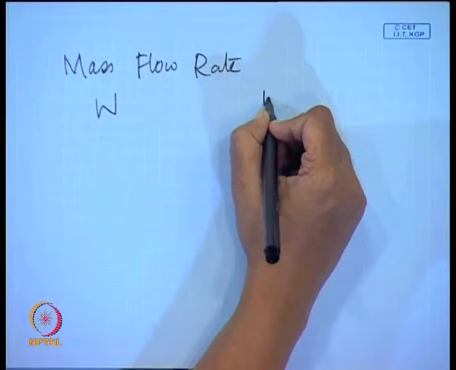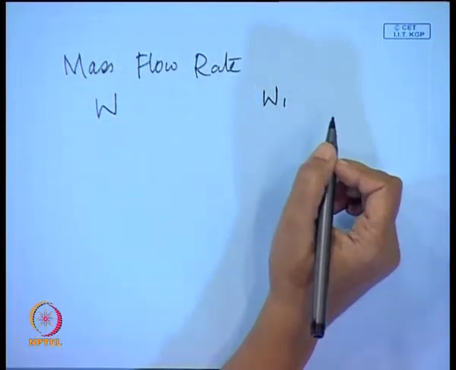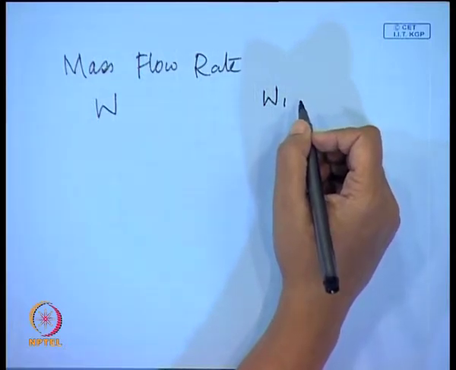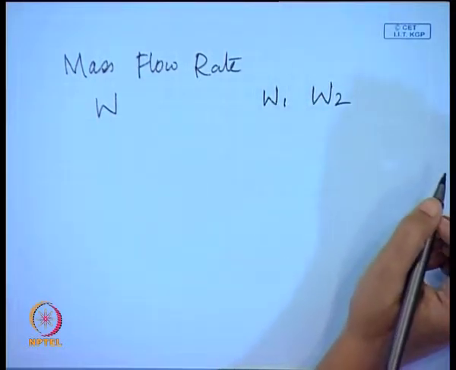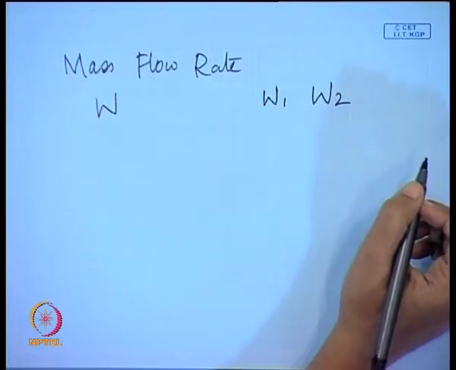Accordingly, here what do we have? We can have W1, the mass flow rate of phase 1, which for vapor liquid or gas liquid is the liquid phase. There will be W2, the mass flow rate of the vapor phase or the gas phase if it is liquid vapor.